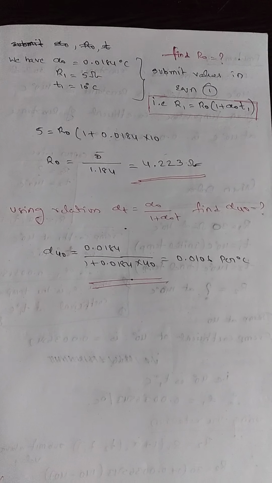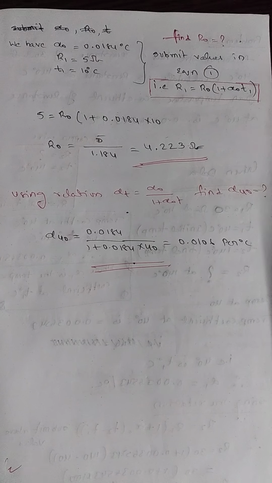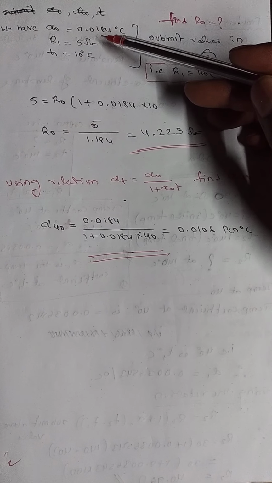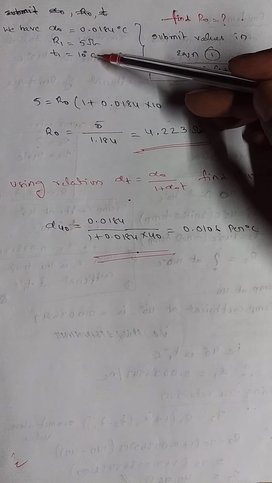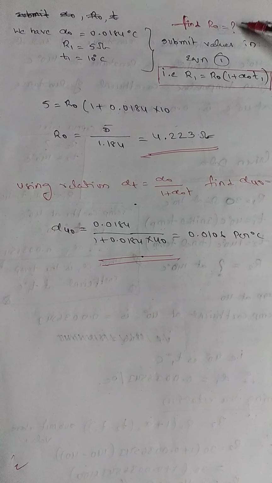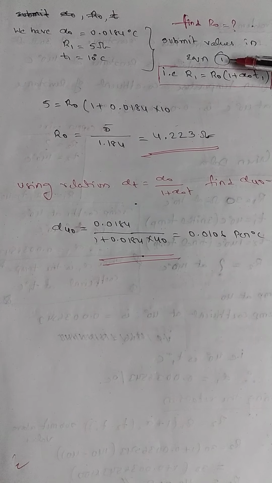Now we have alpha naught, R1 and T1, so we can easily find R naught by using equation 1.